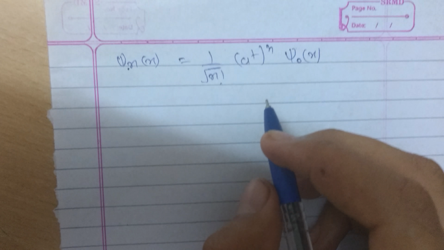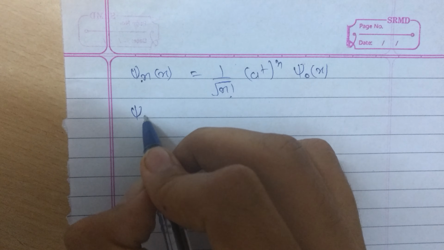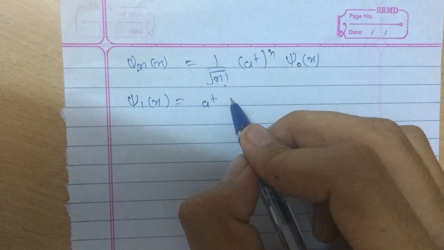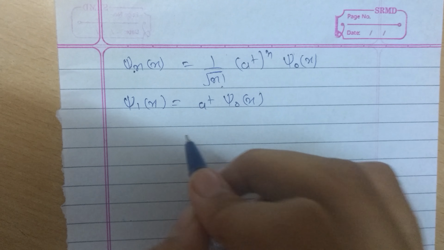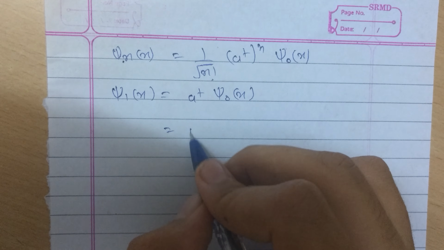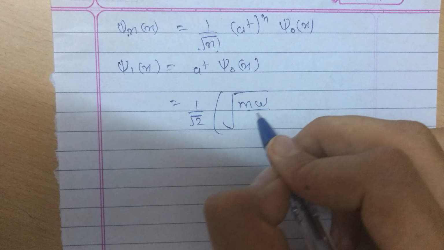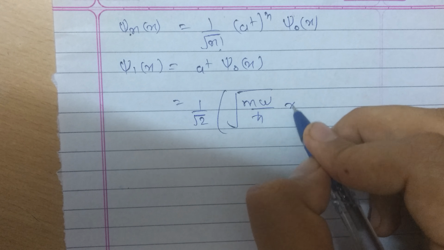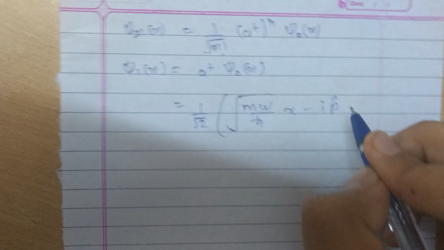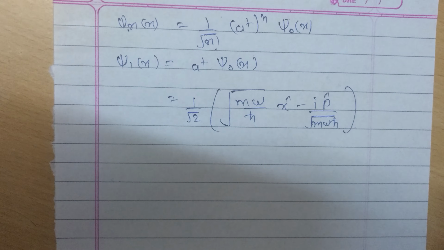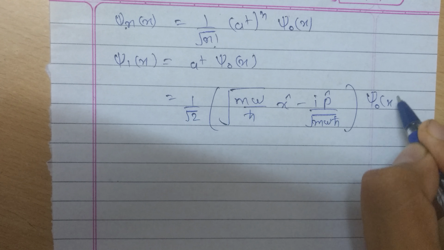So for the first state, from the raising operator, we get a† acting on ψ₀(x). Now a† is 1 upon root 2 times square root of mω/ħ x minus i p̂ by square root of mωħ acting on the 0th state.